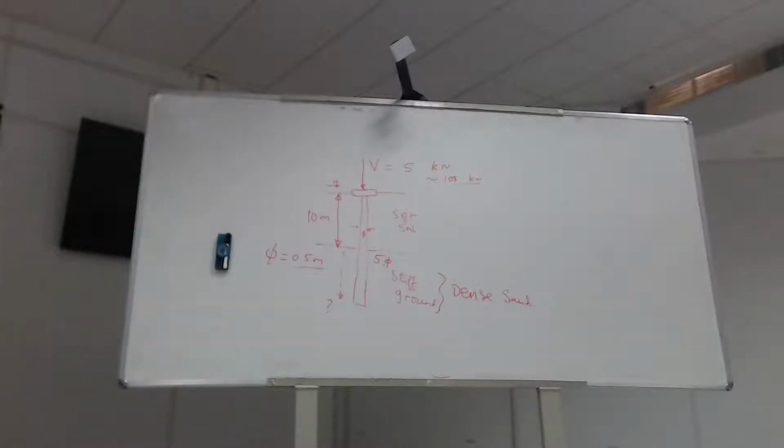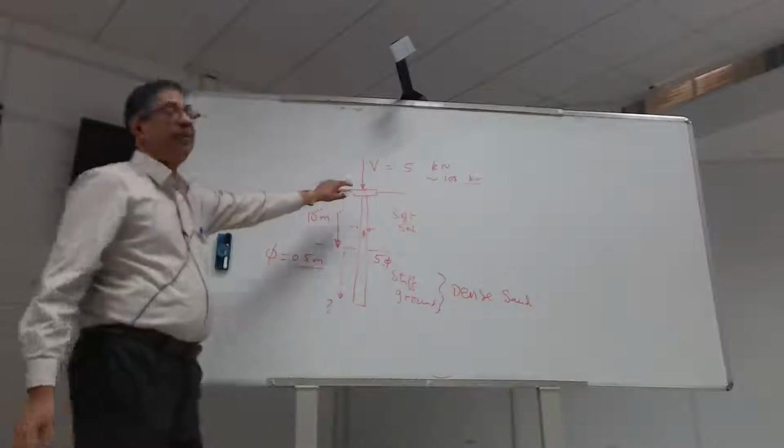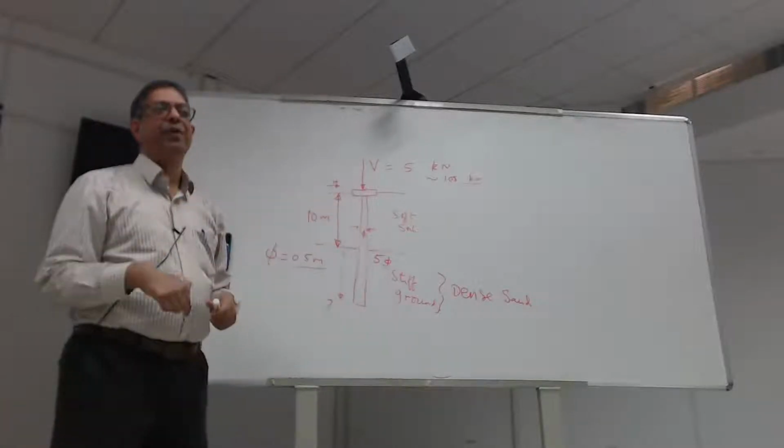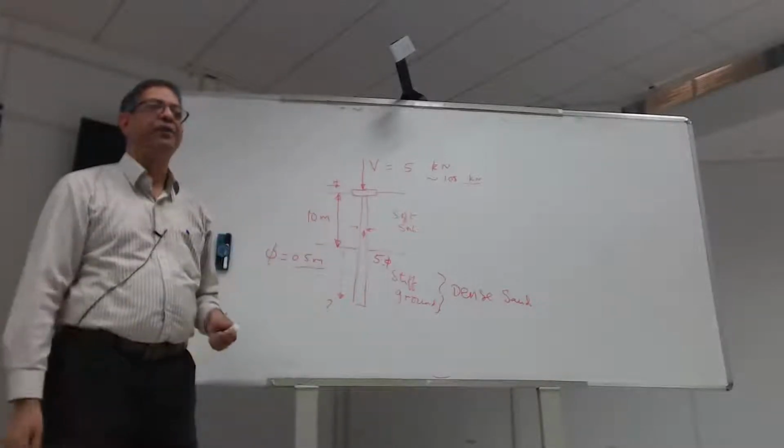If you've ever been to a site where they're driving the piles, which I suggest you do, normally they say the pile has reached its refusal depth. That is, you bang on the top of it, you will be yielding the head of the pile, but it won't go any deeper than the refusal depth.